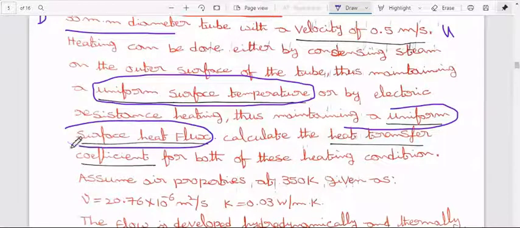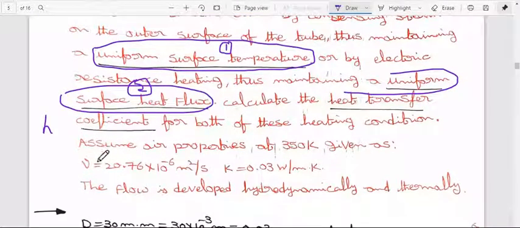Calculate the heat transfer coefficient, that means the h value, for both of these heating conditions. The first condition is uniform surface temperature and the second condition is uniform surface heat flux.